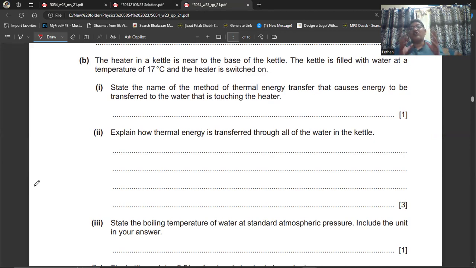This less dense, hot water rises upward. The water at the top is colder and denser, so that denser, colder water sinks downward. This creates convection currents in the water, and by those convection currents, the heat is transferred throughout the water.